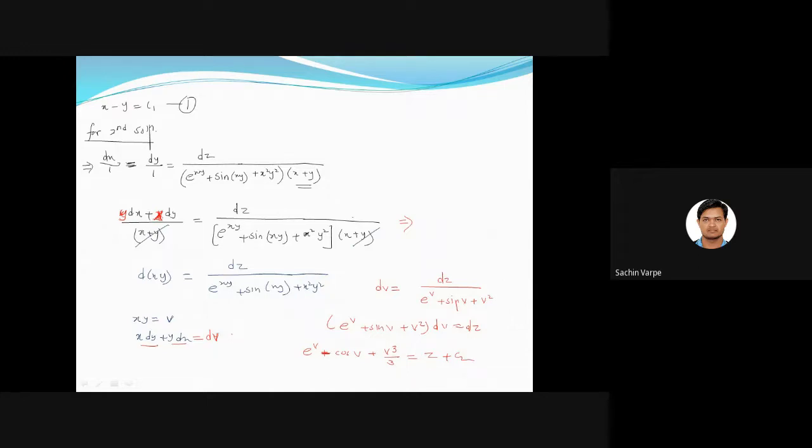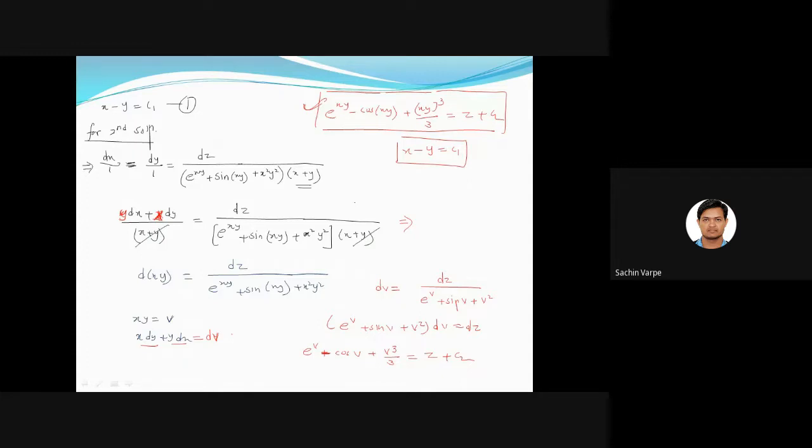And then substitute the value of v. So what will be the final? v is xy, e raised to xy minus cos of xy plus (xy) the whole cube by 3 is equal to z plus c2, and that is completely independent of the first solution. What was the first? First was x minus y is equal to c1, you can see. So hence this will give the second solution.